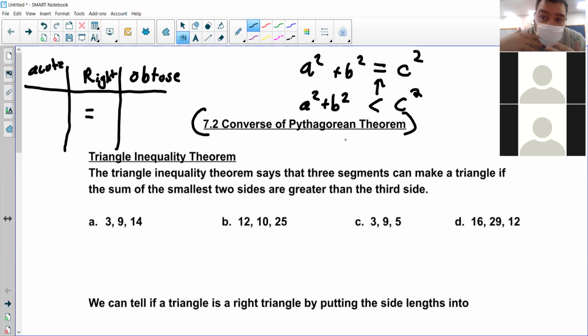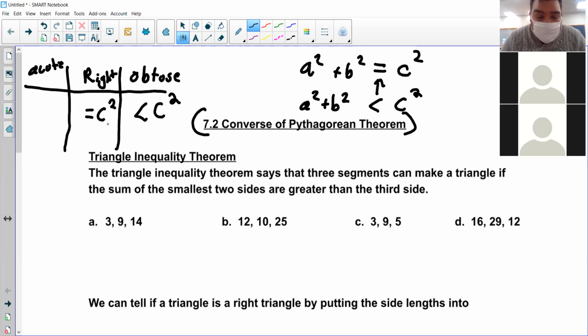And what is an angle that's bigger than a right angle? That's an obtuse angle. So in this situation, it is obtuse when it's bigger. I should say when c squared is on the bigger side. When c squared is equal, it's right. When it's bigger, it's obtuse. And then we have the converse.